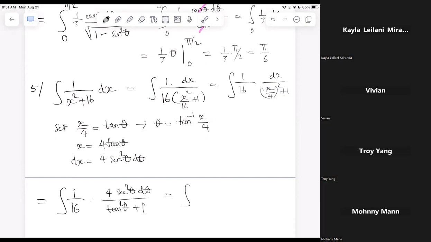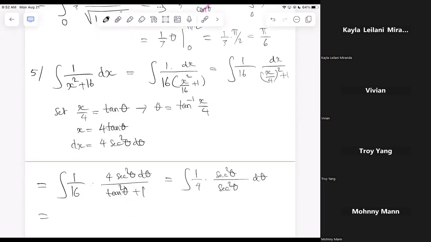So I have 4 divided by 16, so I have 4 for the bottom. Tangent square theta plus 1 from the denominator right here is equal to secant square theta. Okay, so I can cancel out that one.